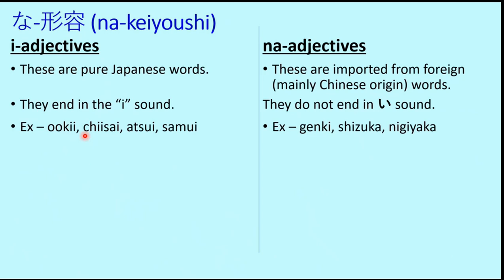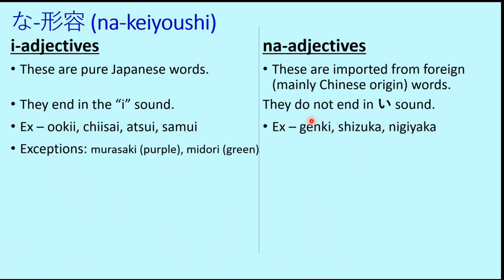But now you might be wondering, it's not ending in na also, so why are we calling them na adjectives? So friends, have a little more patience. We will come to that, like from where this na comes. So na is not an integral part of these adjectives, but this is used as a separate conjunctional particle kind of thing to connect the adjective with the noun. So we will look into that.